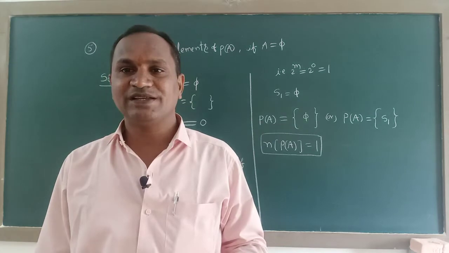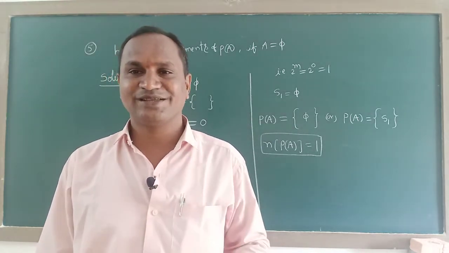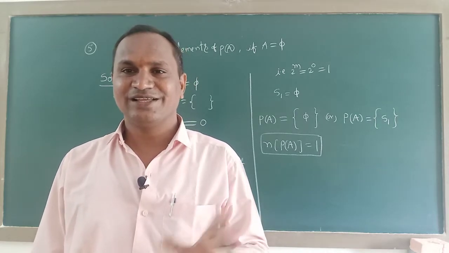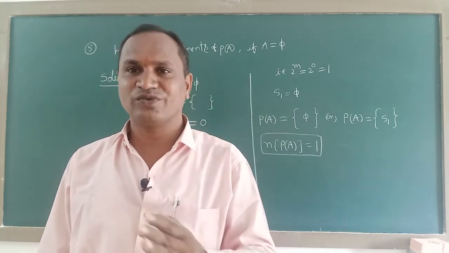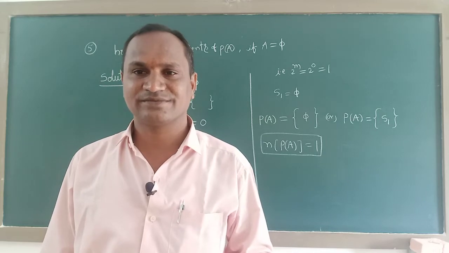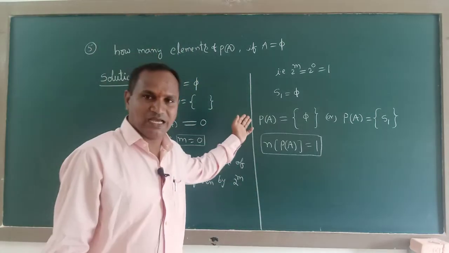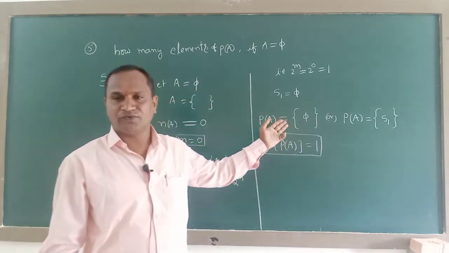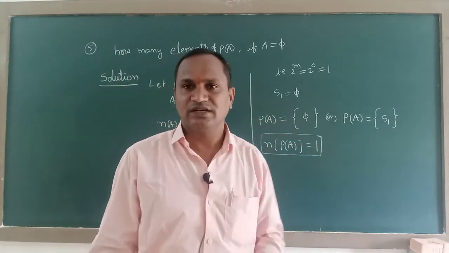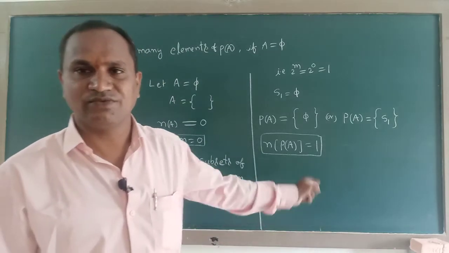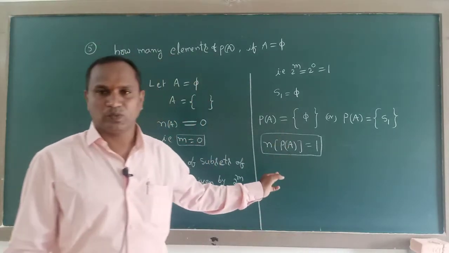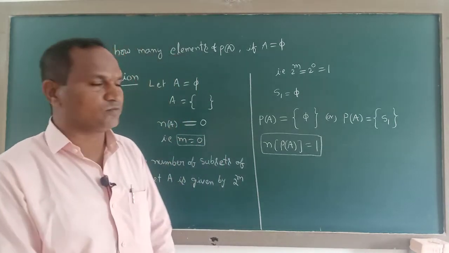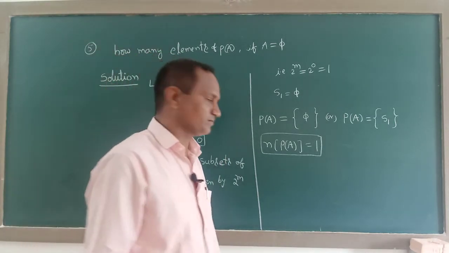When you want the power set, we must find the subsets, because with the help of subsets only we get power sets. Without subsets, we can't give the definition for power sets. That's why firstly I found the subsets and arranged them in curly brackets, and afterwards I wrote that the number of elements in that power set is 1. Like that, we find the number of elements in P of A. Let us move on to solve other questions now.